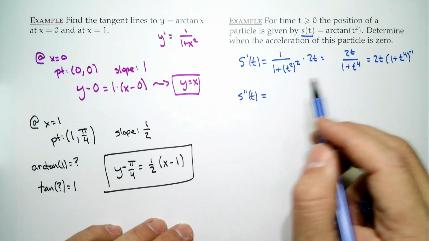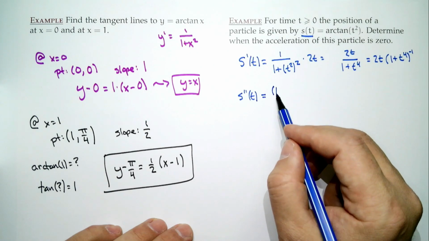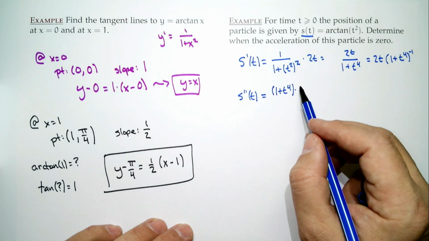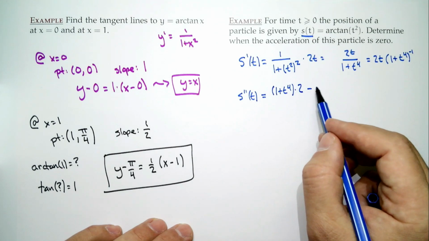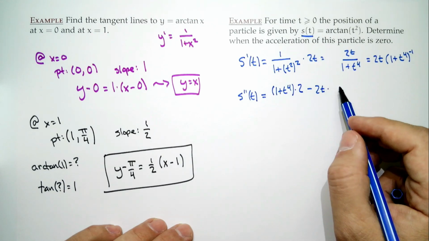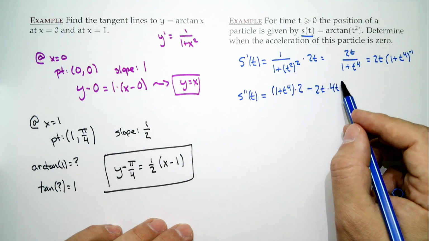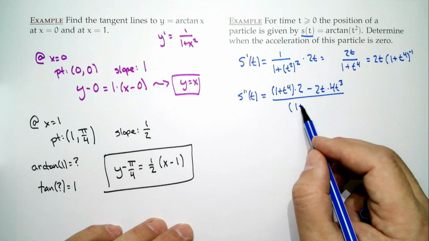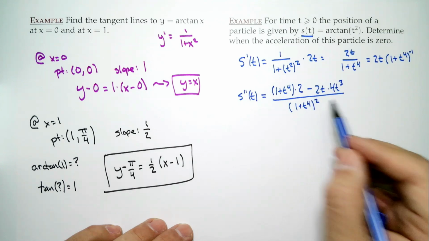So the quotient rule says take the bottom, 1 plus t to the 4th, times the derivative of the top, which is 2, minus the top, which is 2t, times the derivative of the bottom, which is 4t cubed. And then we divide that by the bottom term squared.